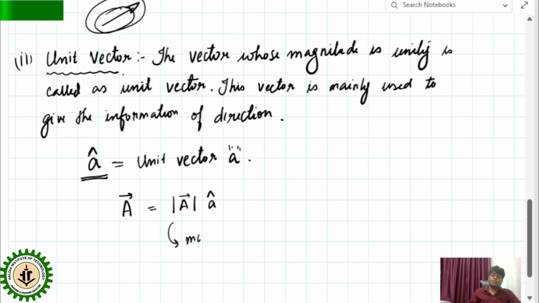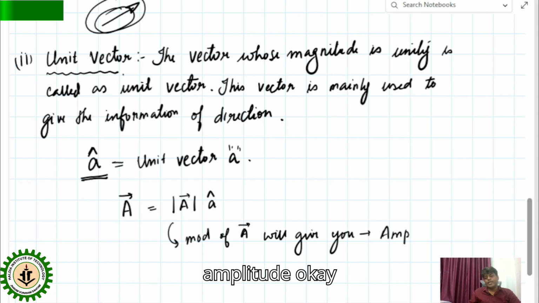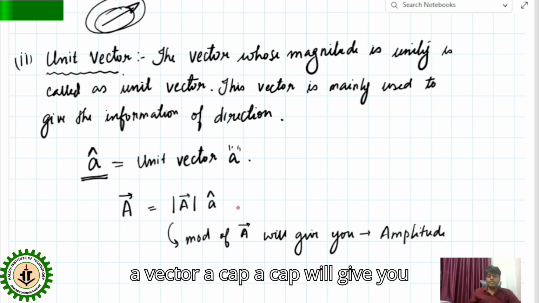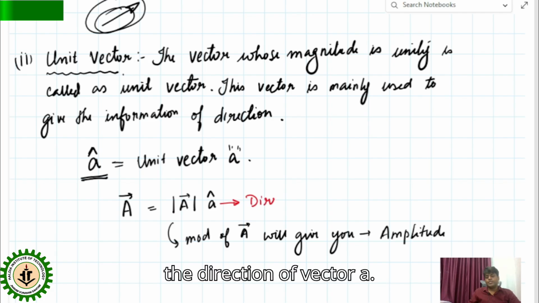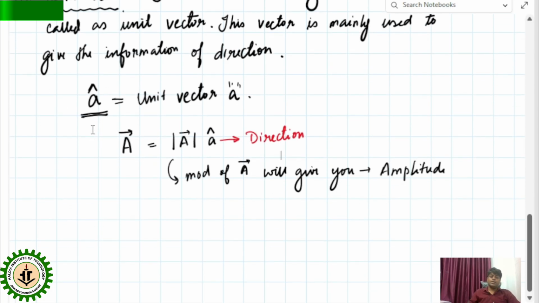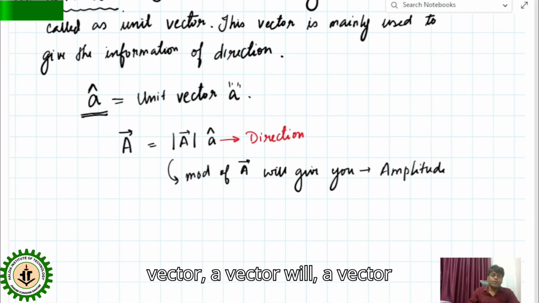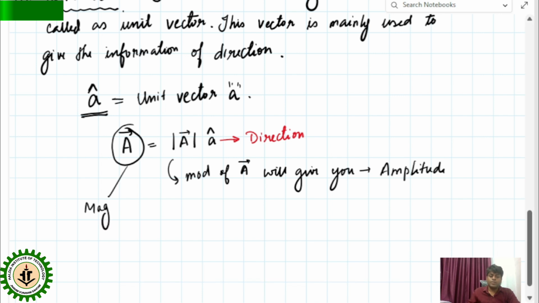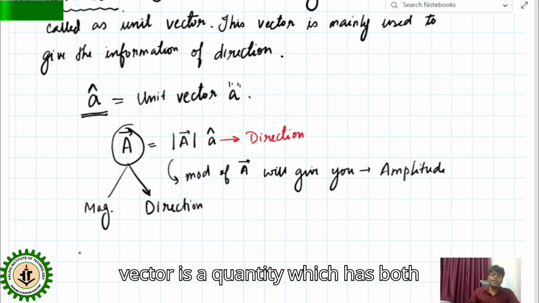The mod of vector A will give you the amplitude, and A cap will give you the direction of vector A. As I have told, a vector is a quantity which has both magnitude and direction.